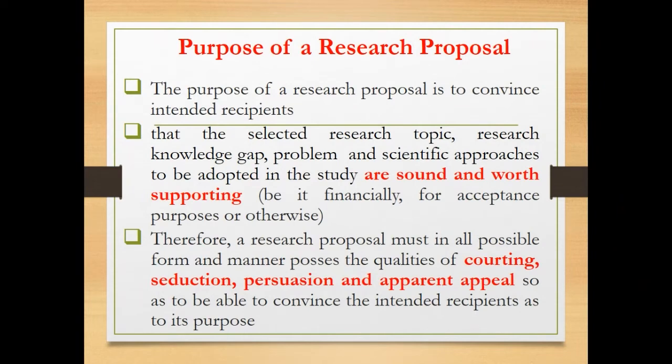Okay, yes, the candidate may have selected this one, but maybe we need to support this person with this one so that we now have co-supervisors to strengthen the supervisory panel. So that's the second set of your recipients of your proposal.